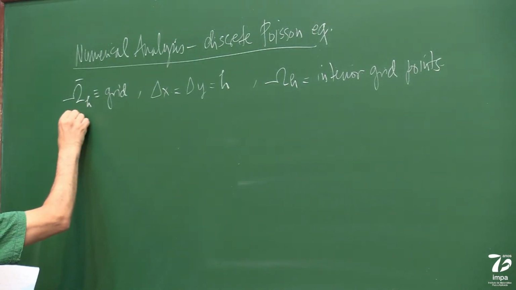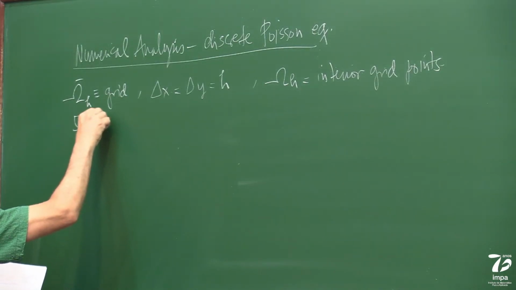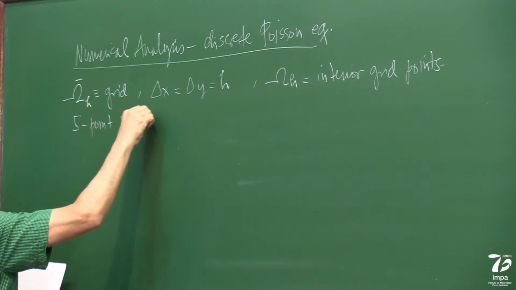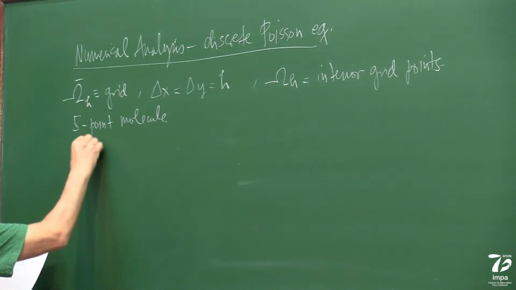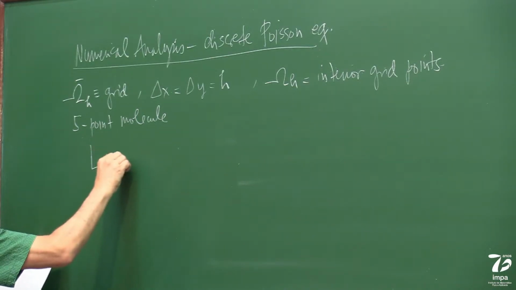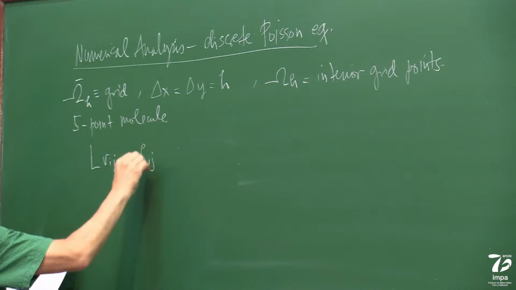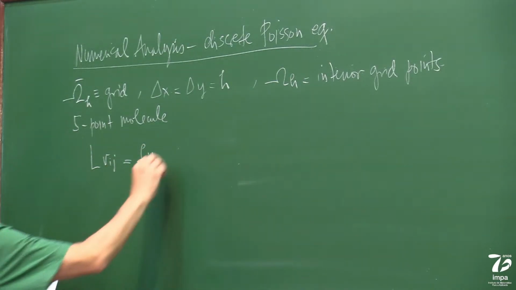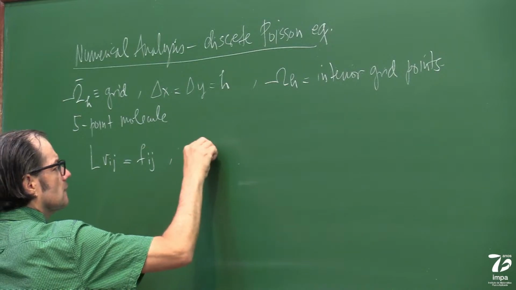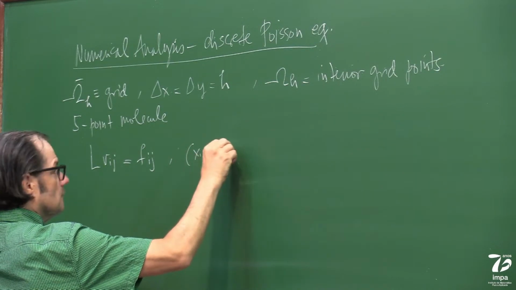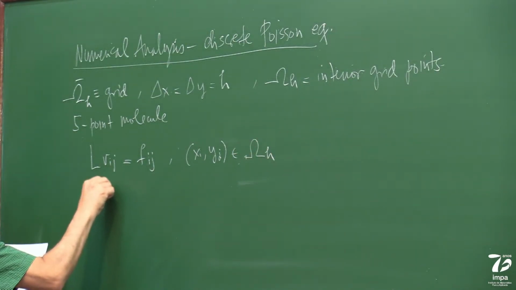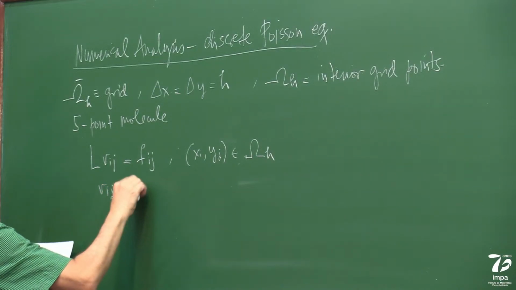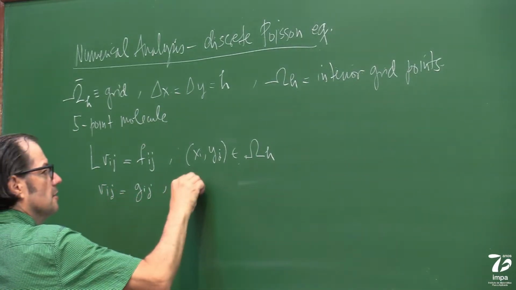And let's think of we have our 5-point molecule, okay, and we have our discrete Poisson equation with the Dirichlet data.